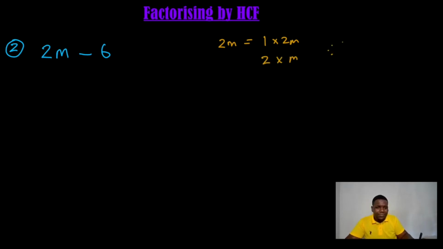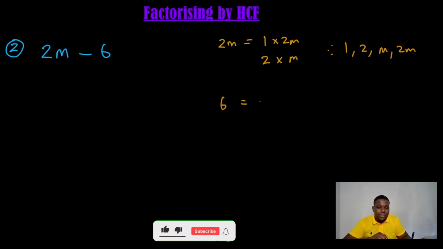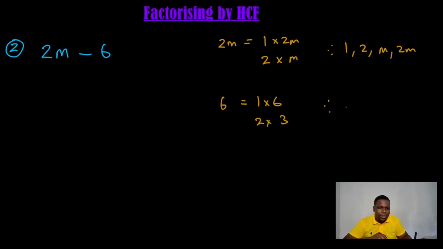Therefore, we can say that the factors of 2m are 1, 2, m, and 2m. And for 6, we can multiply 1 times 6. We can also multiply 2 times 3. Therefore, our factors of 6 are 1, 2, 3, and 6. So the highest common factor would be 2.